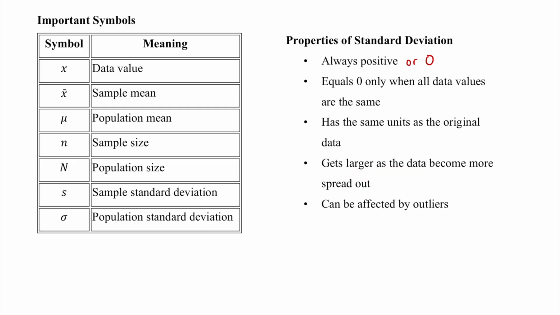More variation means a larger standard deviation. Less variation means a smaller standard deviation. And finally, standard deviation can be affected by outliers. If a data set contains unusually large or unusually small values, the standard deviation may increase significantly.